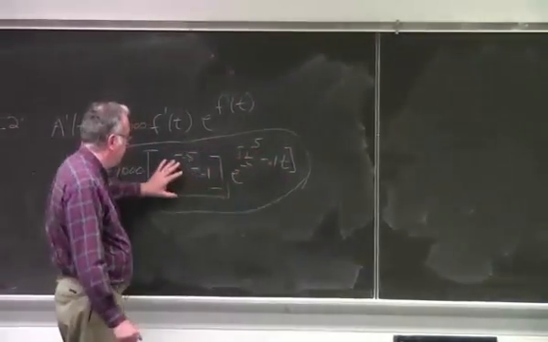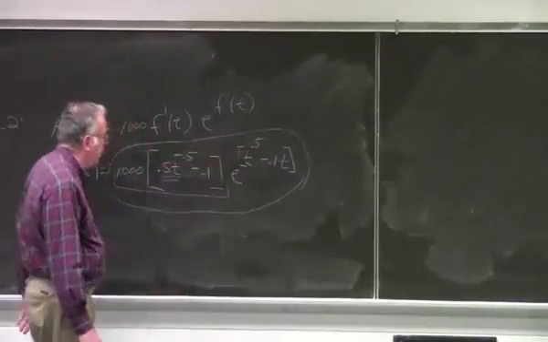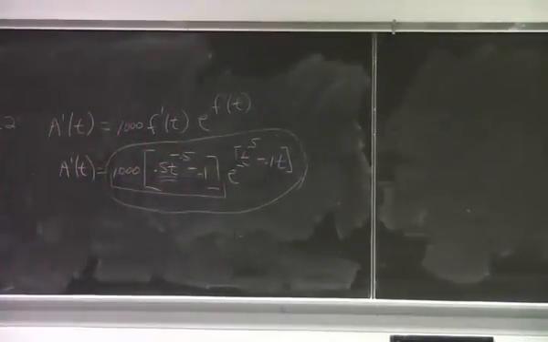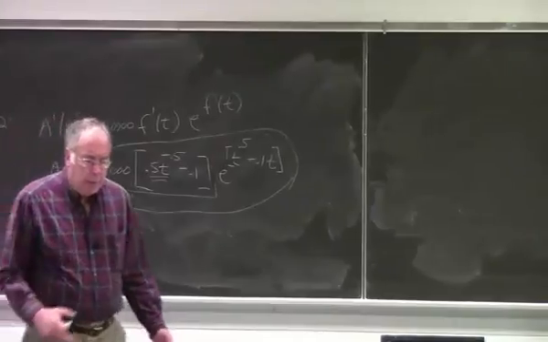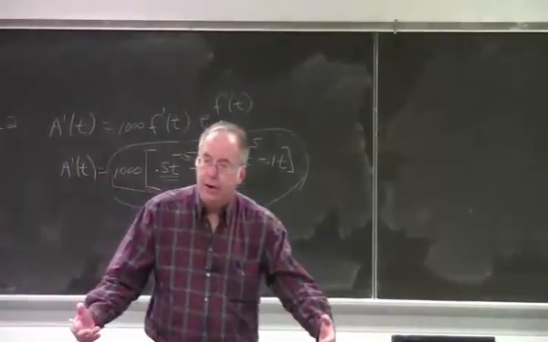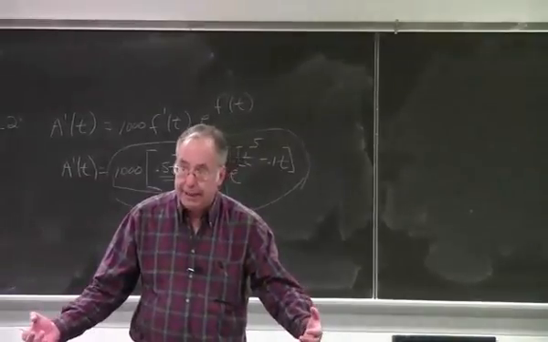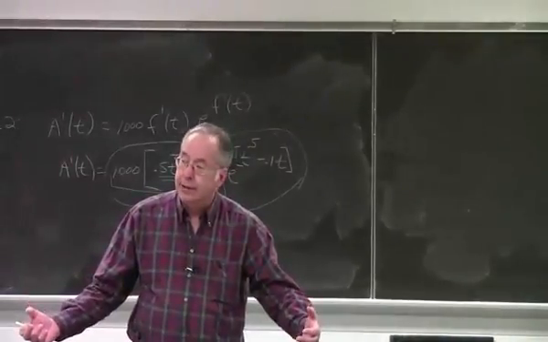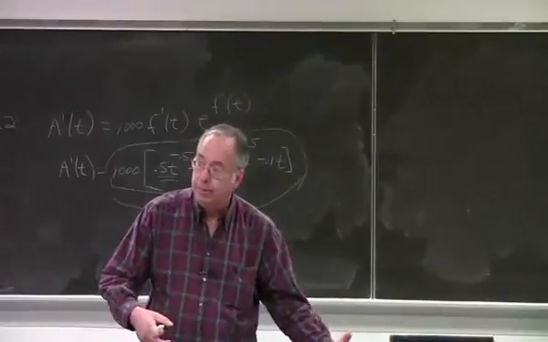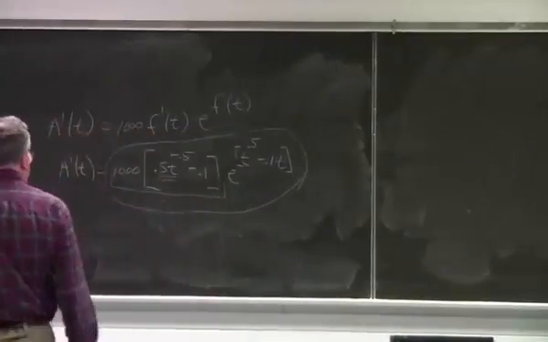So we have g of t times h of t. Using the product rule, we take the derivative of the first term times the second term plus the derivative of the second term times the first term. So let's do that.